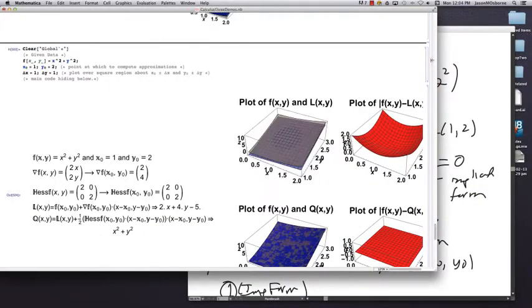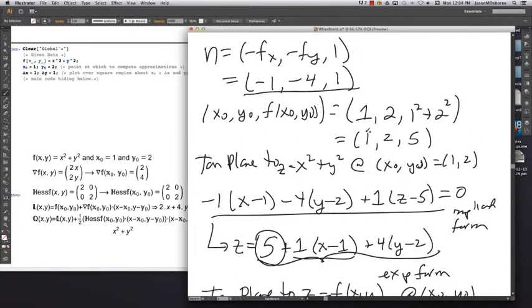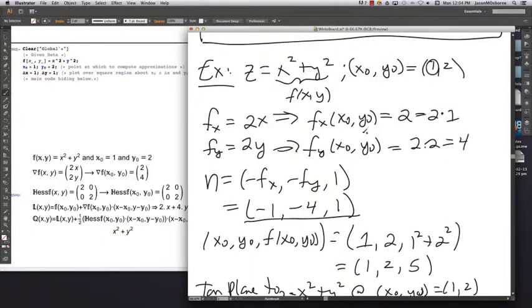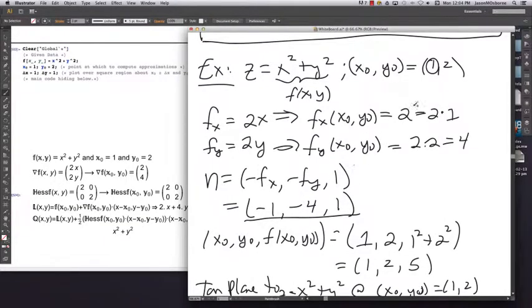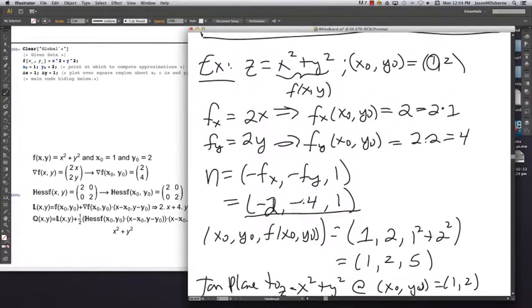Okay, so our function is x squared plus y squared. We're at the point x naught, y naught. Our partial derivative with respect to x is 2x. Partial with respect to y is 2y. Okay, and yeah, did I write the wrong normal vector here? Oh, 2 times 1 is 2.